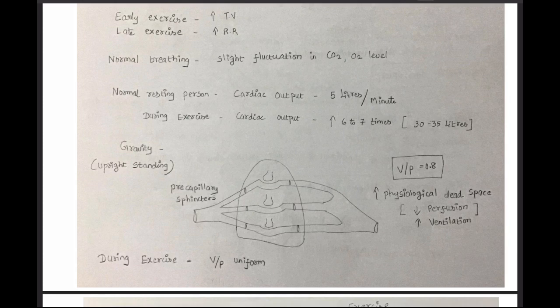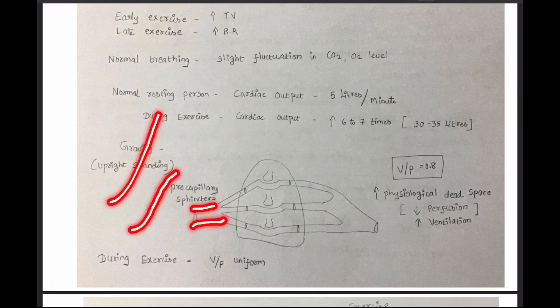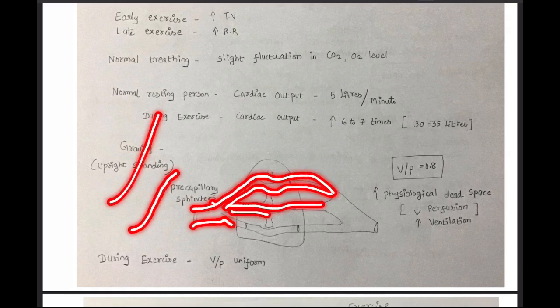So when 30 to 35 liters of blood is pumped, the blood in the pulmonary artery will be more, 30 to 35 liters. So there will be more blood flow to the upper segment, the middle segment and the lower segment.